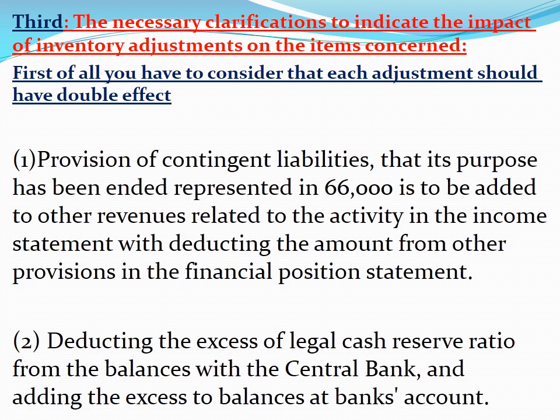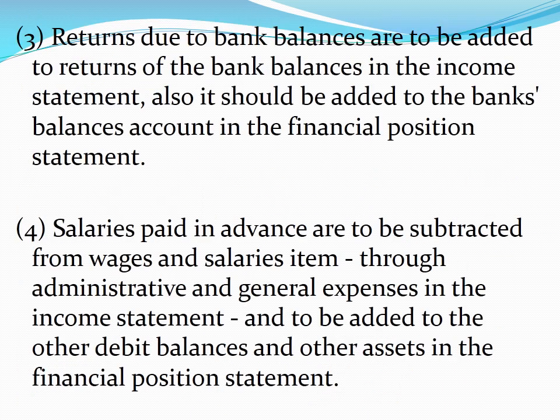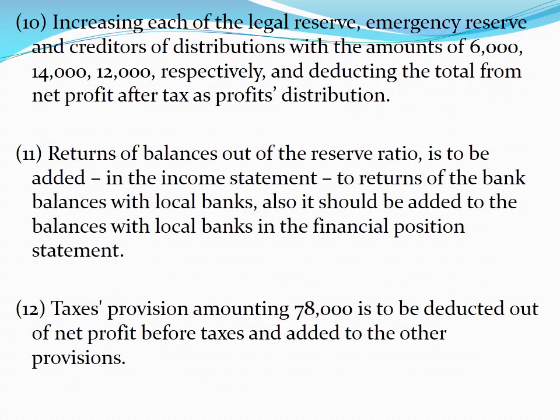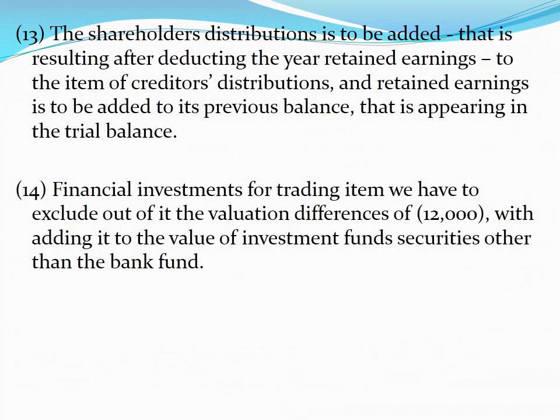But first, you have to consider well that each adjustment should have a double effect. As I explained in the adjustments, this is number 1, number 2, they are mentioned in pages 251, 252, as I explained to you in the adjustments.